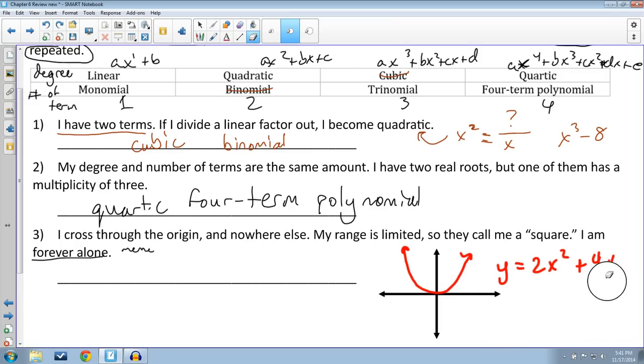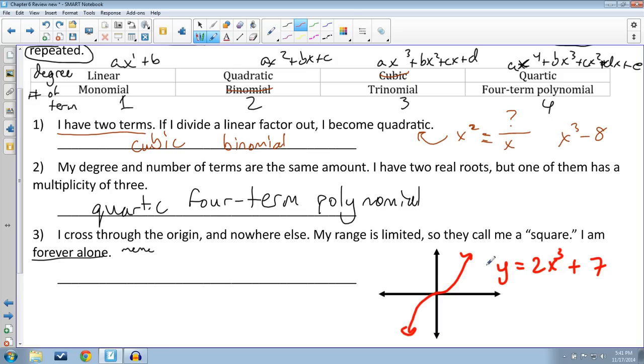I mean, I could do this with cubic and quartic as well. If this was something times x cubed and it goes through here. If I have anything else in here, first of all, it can't be a constant for the very reason I said. If it was a constant, your y-intercept would not be at the origin. And it couldn't pass through here like that, otherwise it wouldn't be a function. So it has to have an x in it. And if it has an x in it, that means x is a common factor.